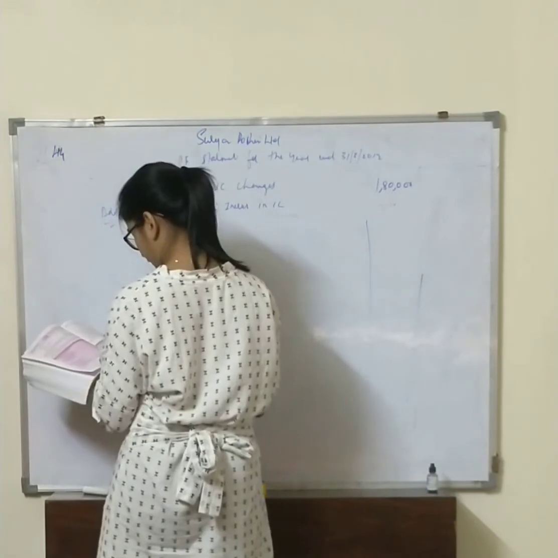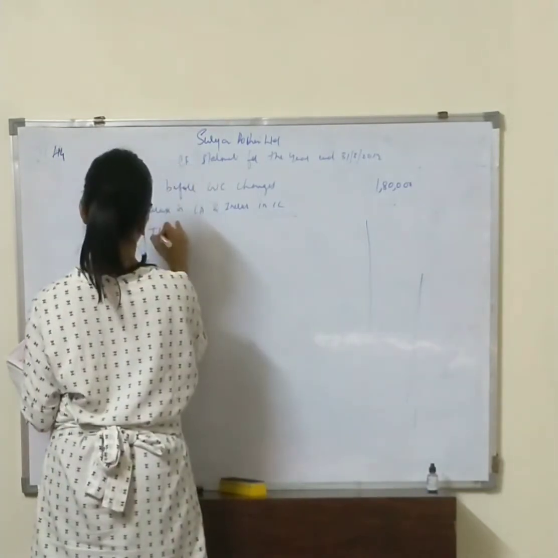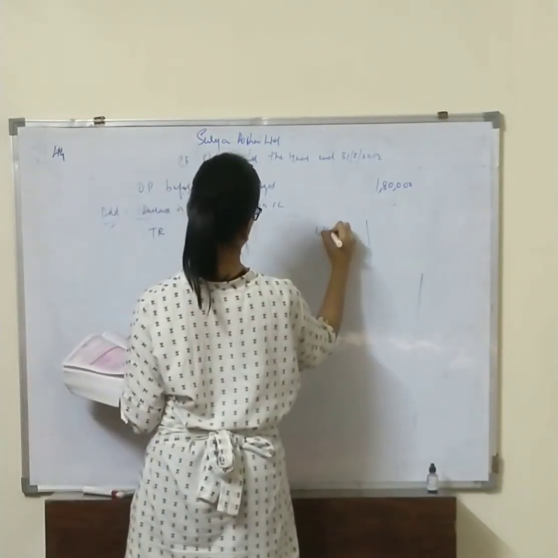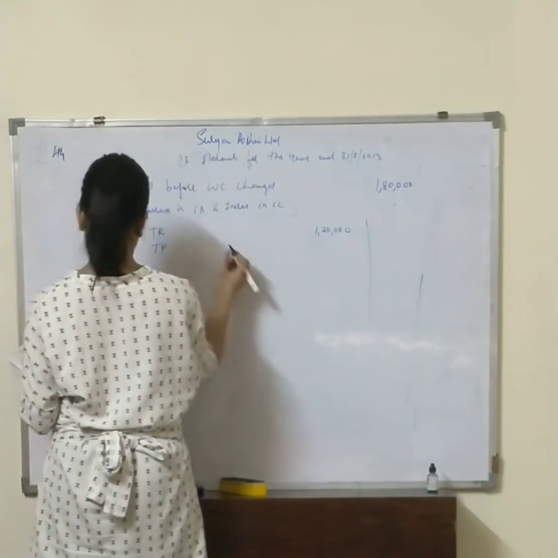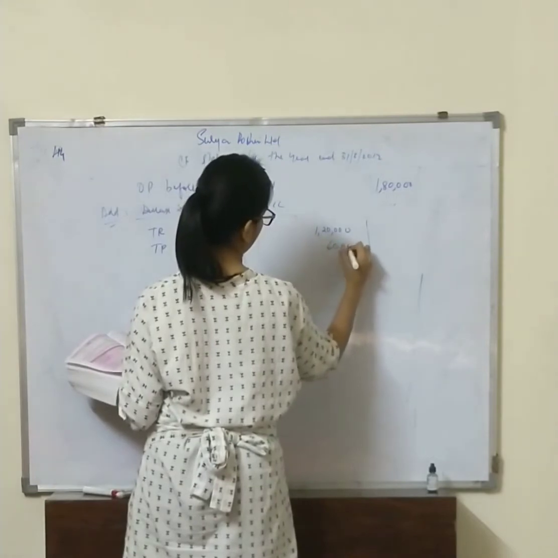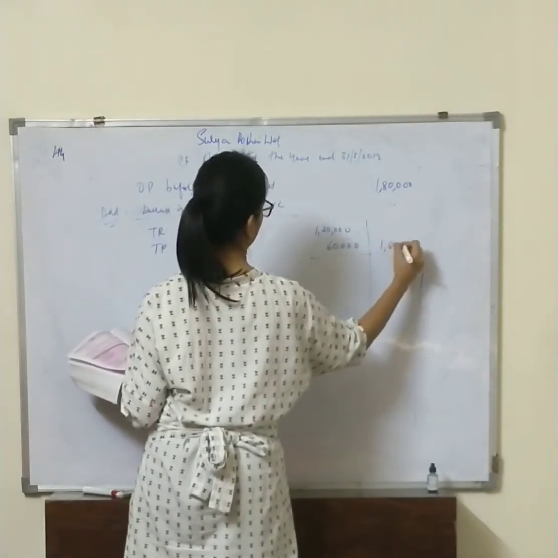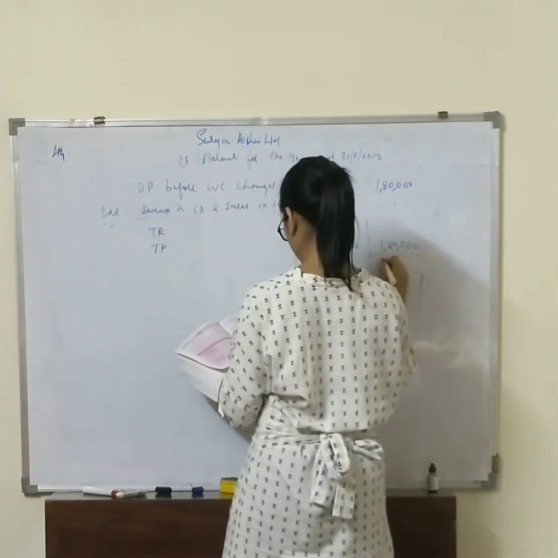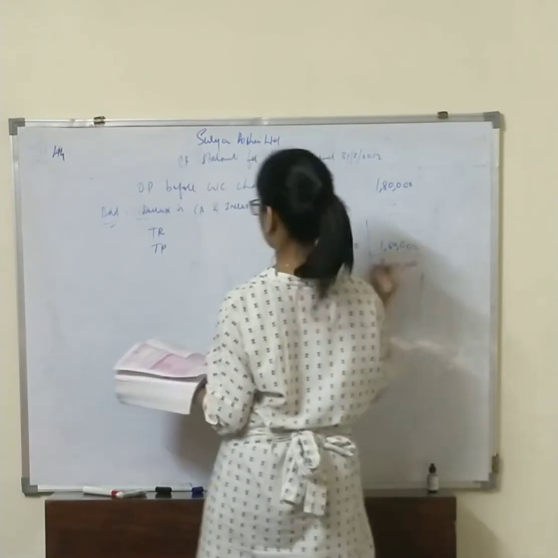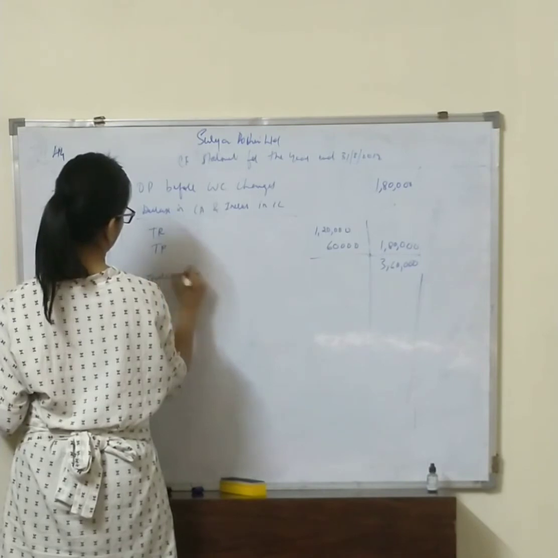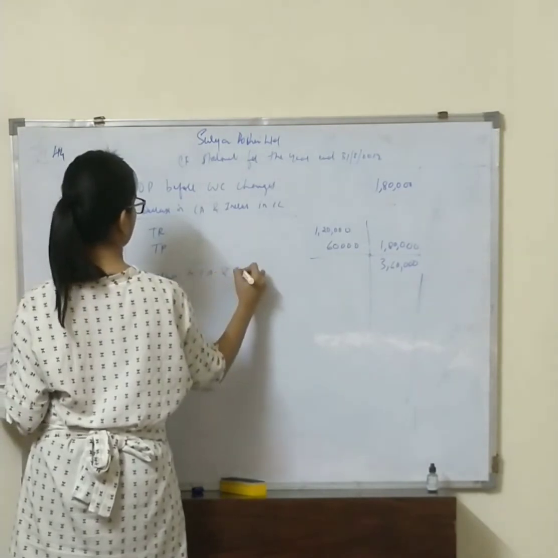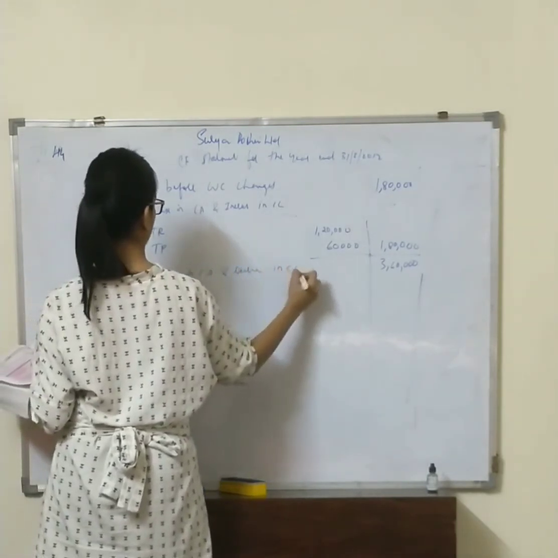What is the decrease in current assets? We have trade receivables 1,20,000. In current liabilities we have trade payables 60,000. We get 1,80,000. Then we deduct increase in current assets and decrease in current liabilities.